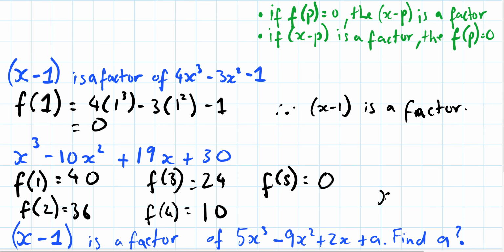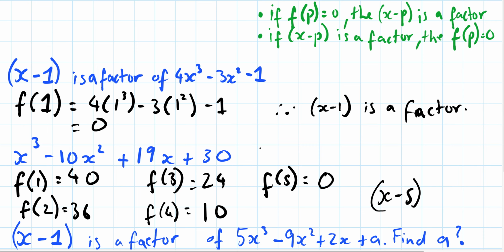Therefore, x minus 5 is a factor of this expression, and then they might ask you to fully factorize this expression. So what you do is divide the polynomial, which we looked at in another video, with this, and then factorize it.